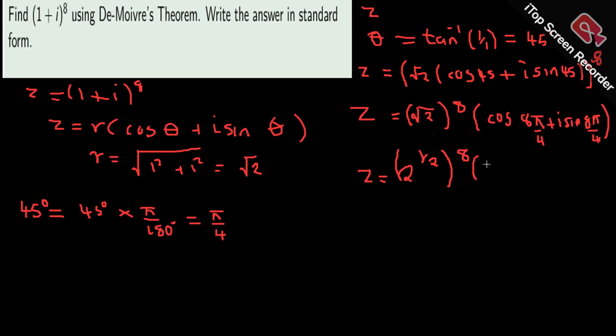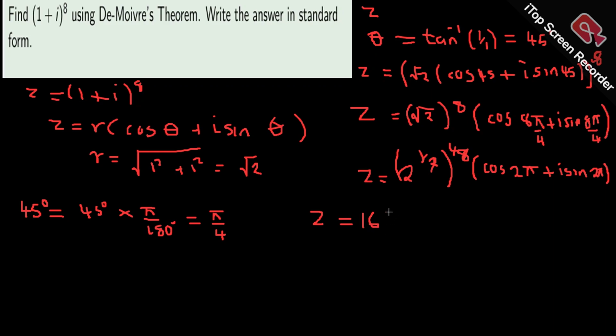Then we're going to simplify this. 8 pi over 4 is 2 pi, which is 360, and even this side will have 2 pi. This is going to give us 4 for the power, then 2 raised to the power 4, we're going to have 16.